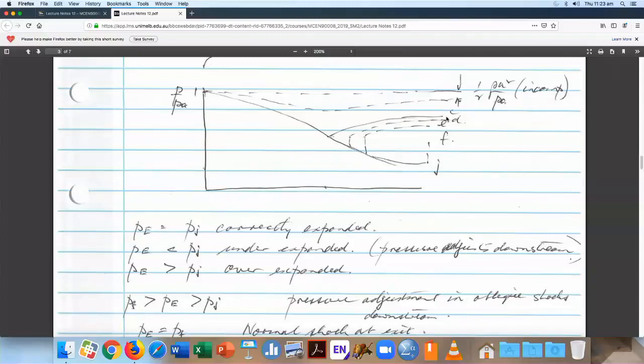If PE is much less than PJ, then this jet is underexpanded. It means that I could have had further area in which I expanded the gas even further and got to higher velocities, but I didn't, for reasons that you can think about in this rocket nozzle.